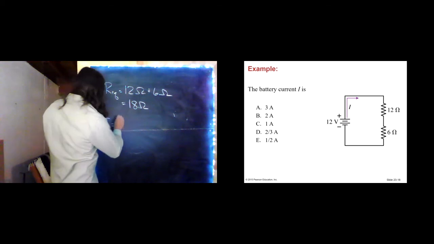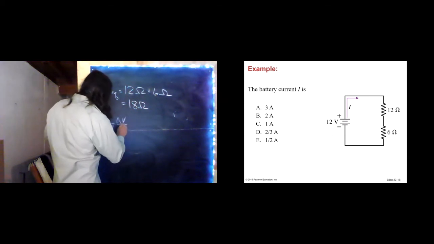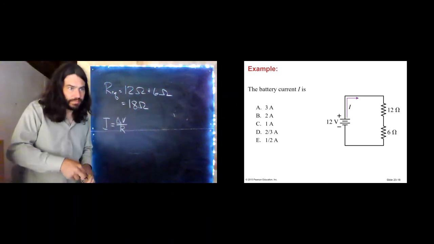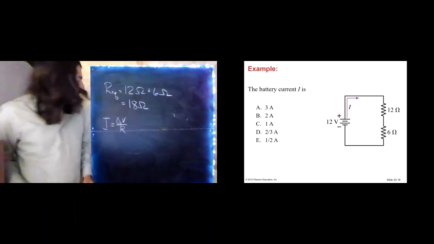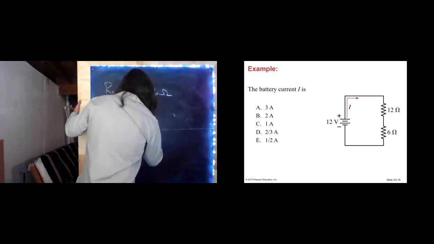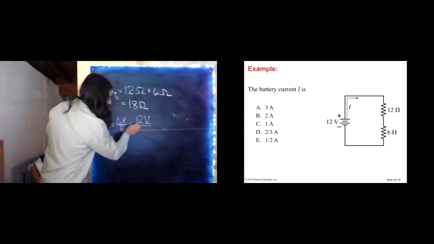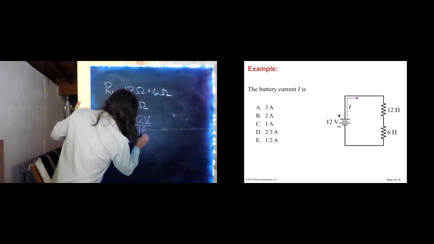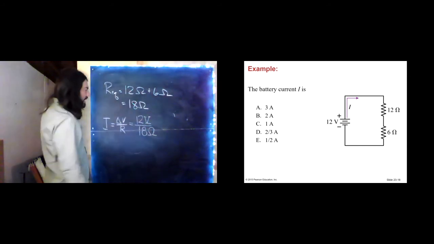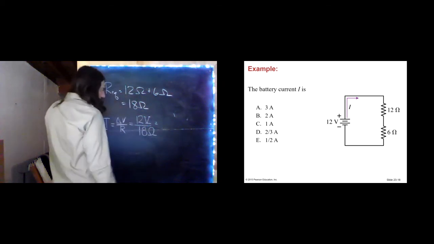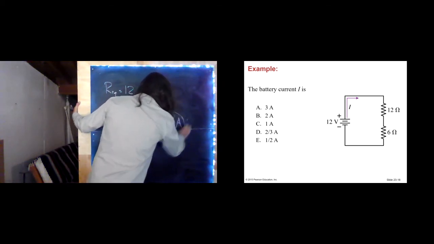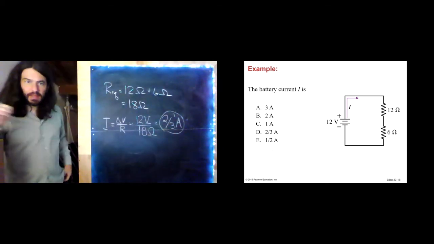We know that I equals delta V over R. And so we should have 12 volts divided by 18 ohms gives us 2/3 of an amp.